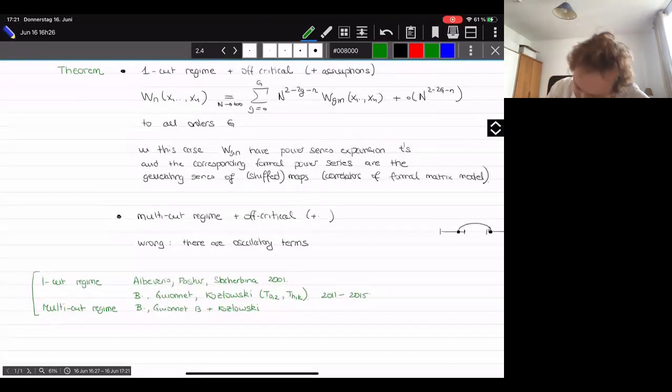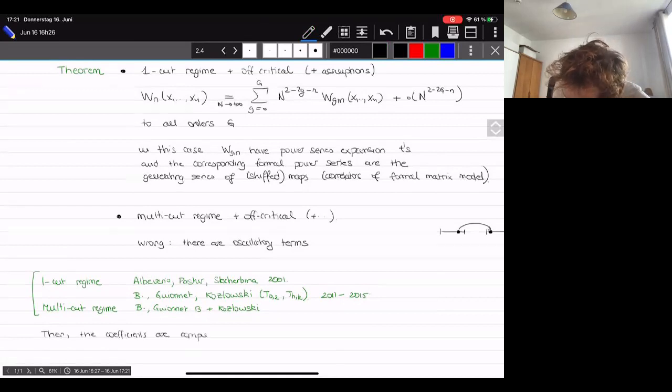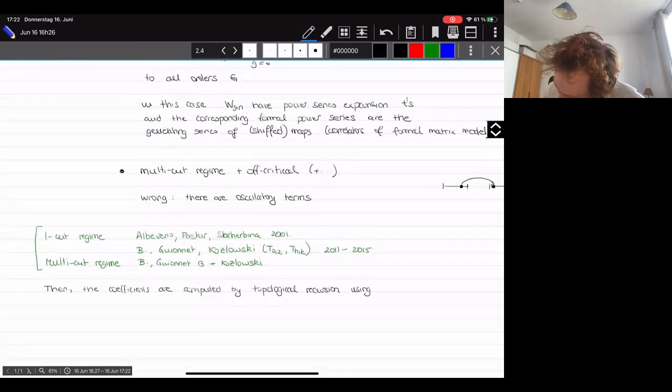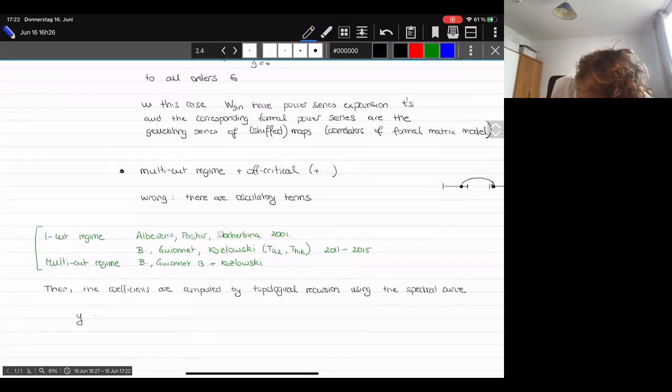And once you know they exist, in fact, the coefficients are computed by the topological recursion, using the large N data, so it's the spectral curve, which is y equal W01 of x.